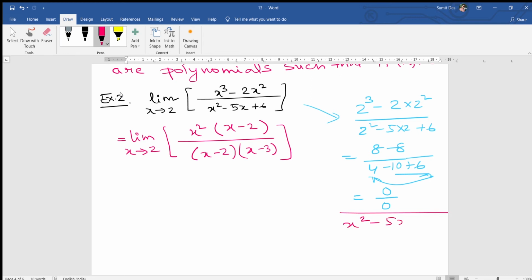Okay, if you have a problem with middle term factor, I'm showing you here. x square minus 5x plus 6 equals x square minus 2x minus 3x plus 6, just a middle term factor. If you take x common, it will be x minus 2. If you take minus 3 common, it will be x minus 2.